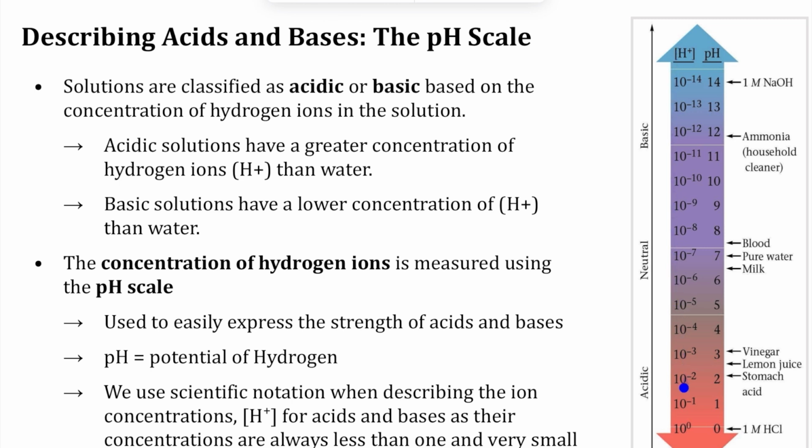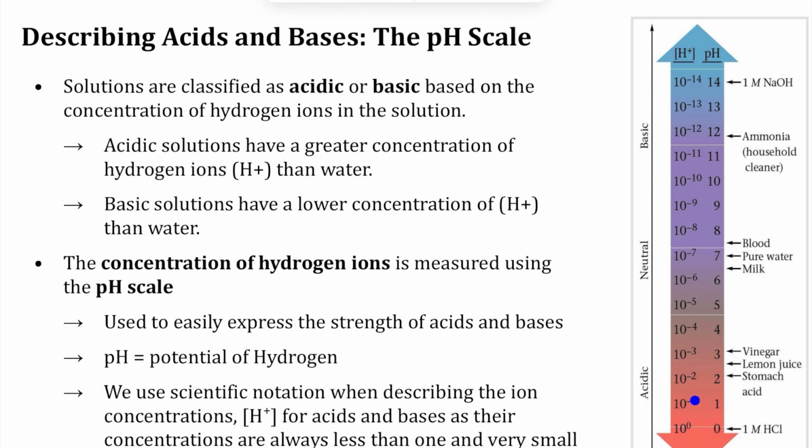Especially if we get to things that are basic, or things that are not so acidic, approaching neutral, those H plus concentration numbers get smaller. Our pH scale is related to that, and we'll talk about how we do those calculations later in these notes.